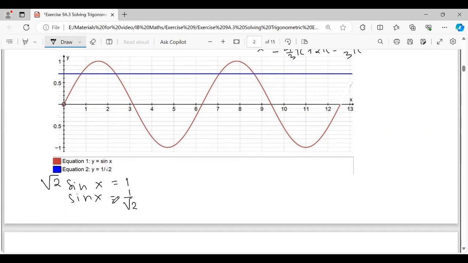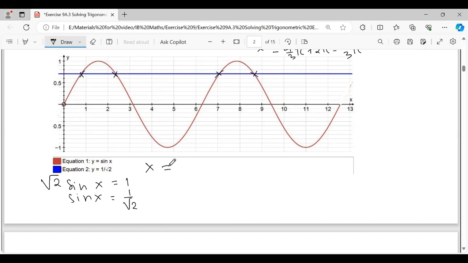If 1 over square root 2, it means x equals, okay, look at the intersection. This is the graph sine x, while this is the graph y equals 1 over square root 2. So there are 4 intersections. 1, 2, 3, 4. So we're going to find this one.